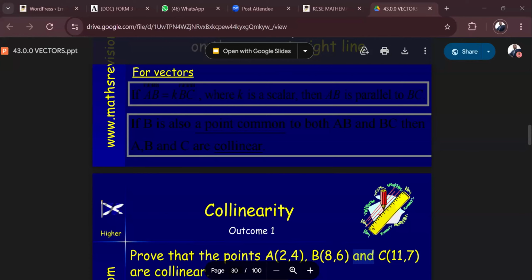Is there any way that we can express (6, -2) and (4, -1)? (6, -2) and (3, -1). That is correct. So if (3, -1) is multiplied by 2, it makes (6, -2).